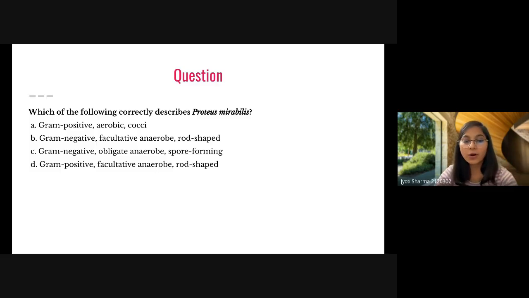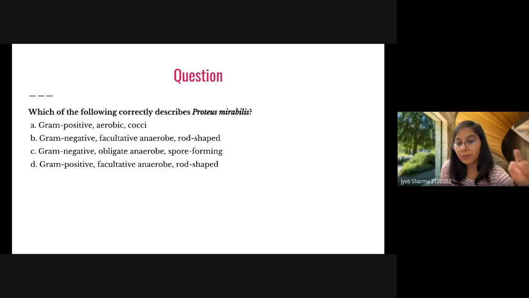Obligate means it is obligatory. Obligate anaerobic means that it is necessary to not have the presence of oxygen. Facultative anaerobic means if there is no oxygen, then that bacteria can act as anaerobic.